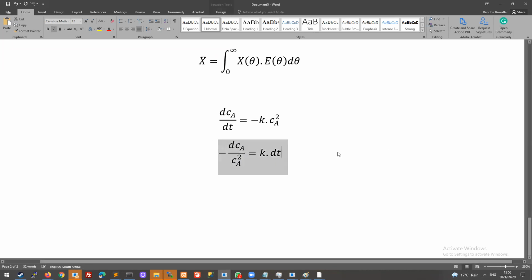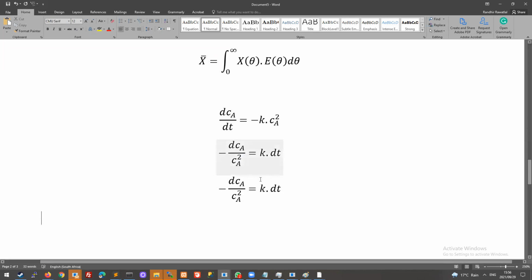And if you integrate this, it's going to give you 1 over CA between the initial value, so that's CA naught, up to CA.